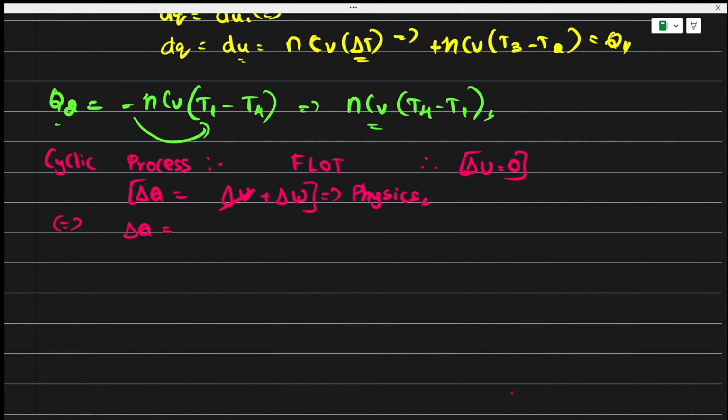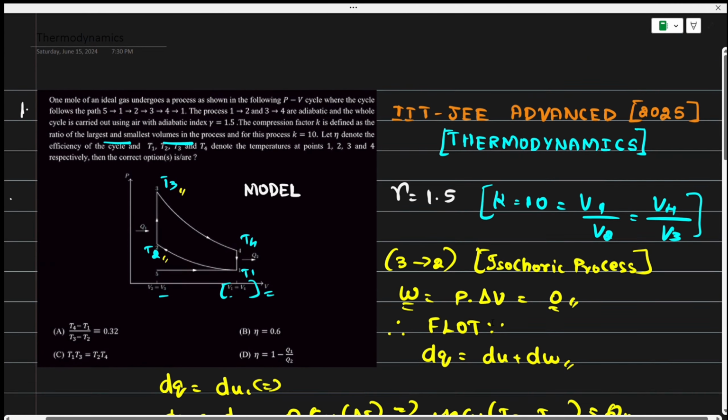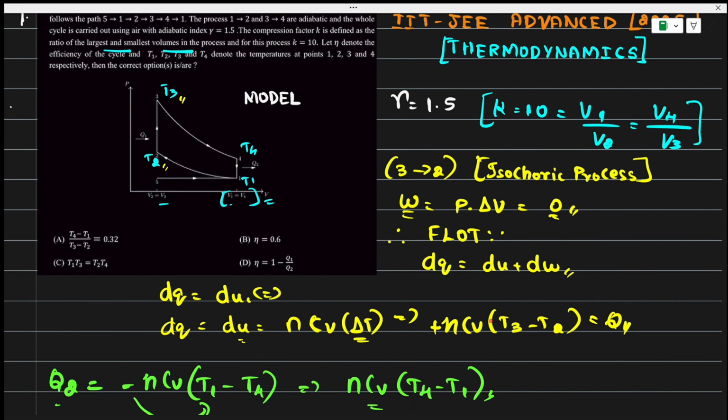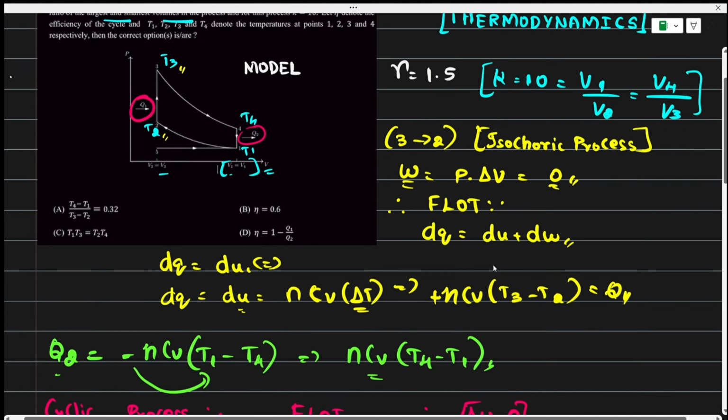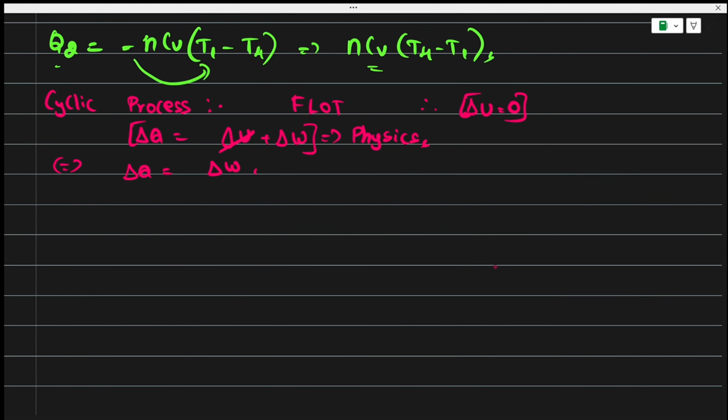Delta Q is equal to delta W. If you look at this diagram closely, Q1 is the heat given to the system and Q2 is the heat released by the system. So what will be the change in heat energy? Delta Q is equal to Q1 minus Q2, which equals the work done in that cyclic process. So we have got the work done as Q1 minus Q2.